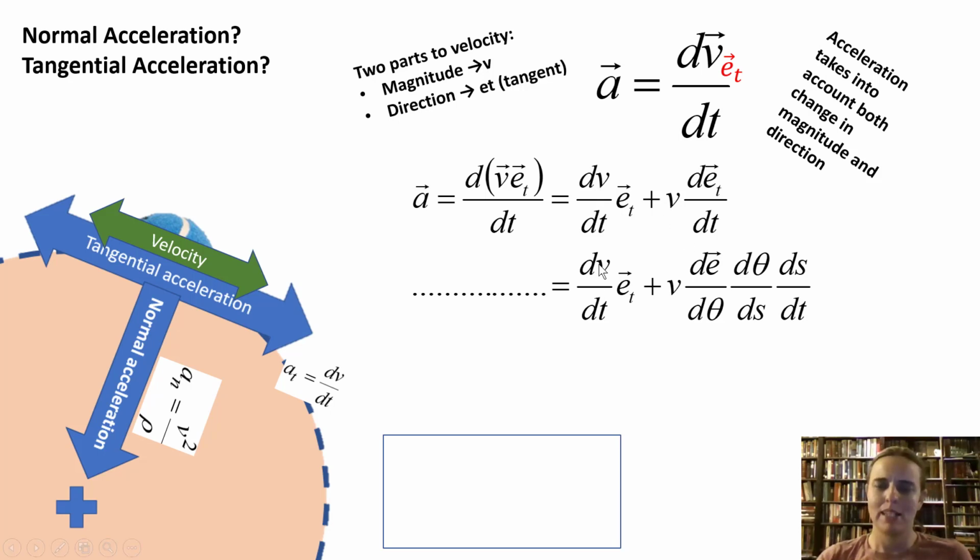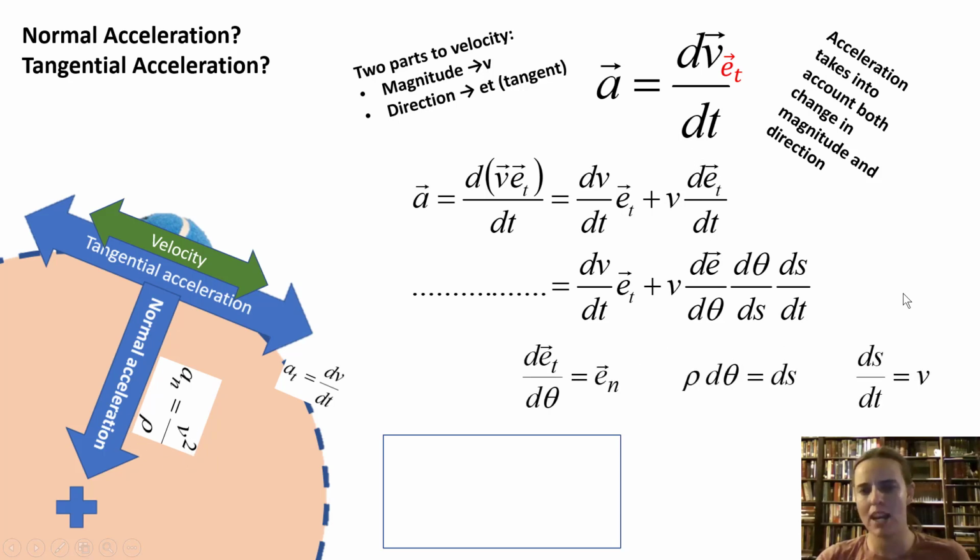Okay, so dv dt, this is the tangent piece of it that we got. This is just the r alpha. So v is r omega, and acceleration is r alpha, that second derivative of the angle. The direction piece of it is going to turn into our v squared over r. This is the new piece of it. So here's the derivation if you want to see that.